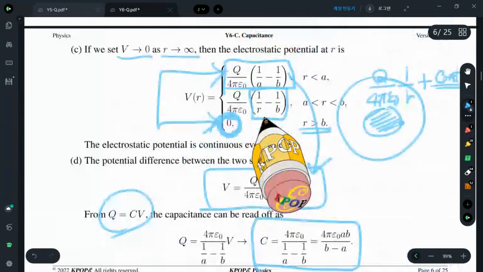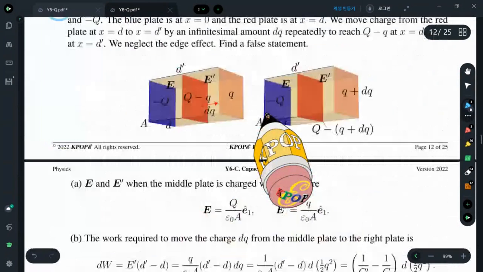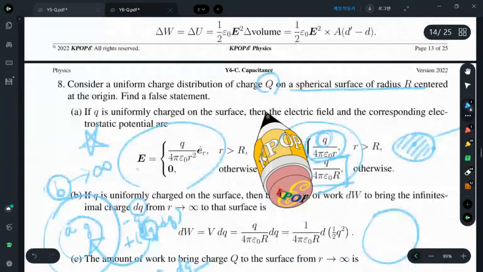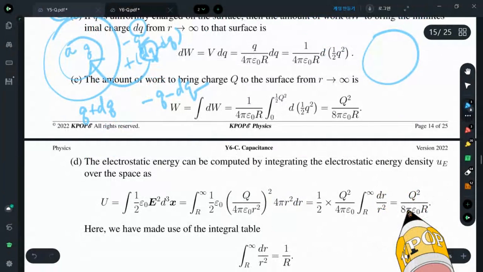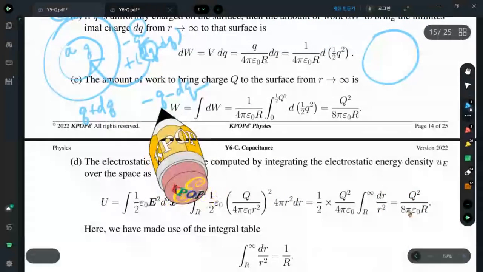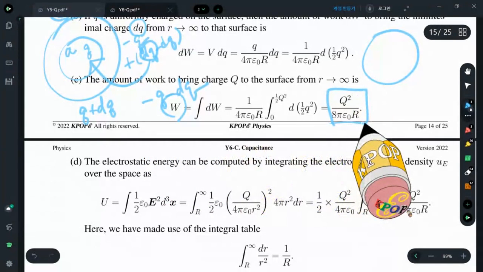Then you will find the answer. So what you will find is this.